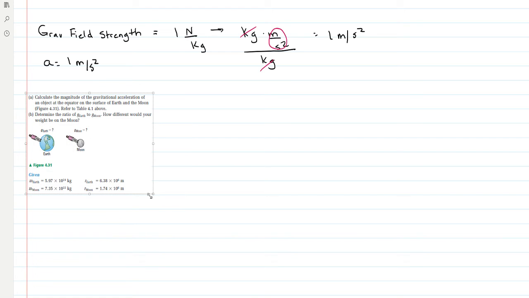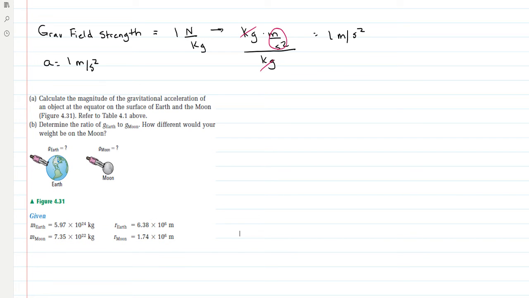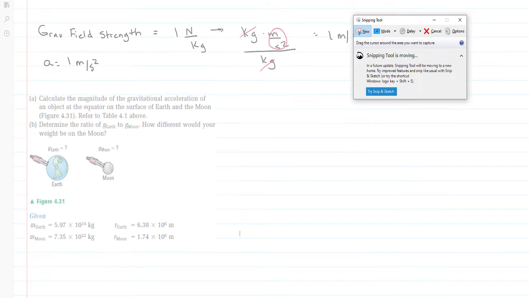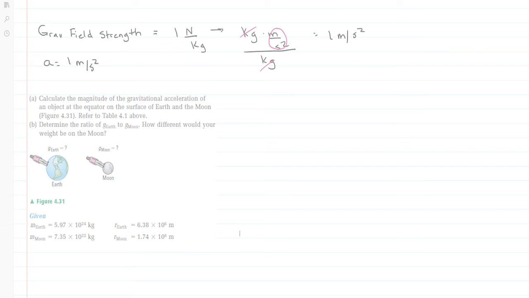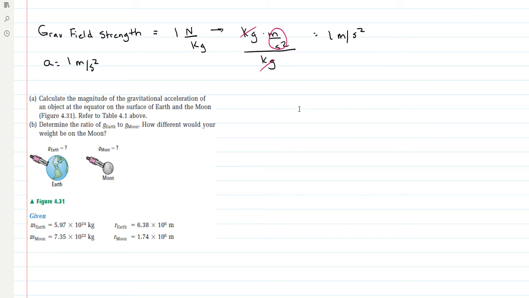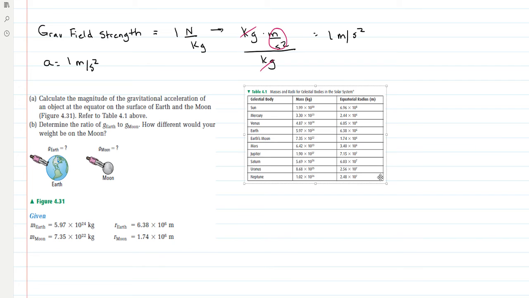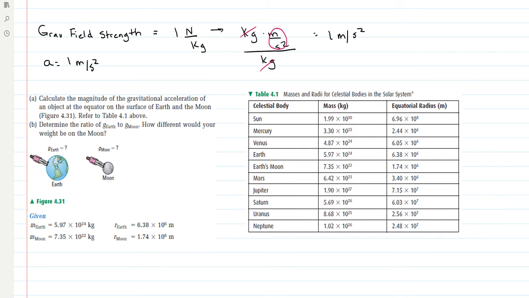This example wants us to calculate the magnitude of the gravitational acceleration of an object at the equator on the surface of the Earth and the Moon, referring to a table given above. That is also on the same page, but that table looks like this, just in case you're wondering where the values are coming from.